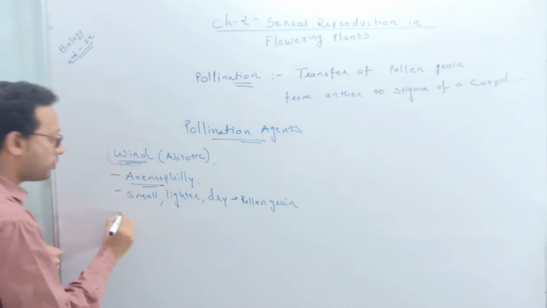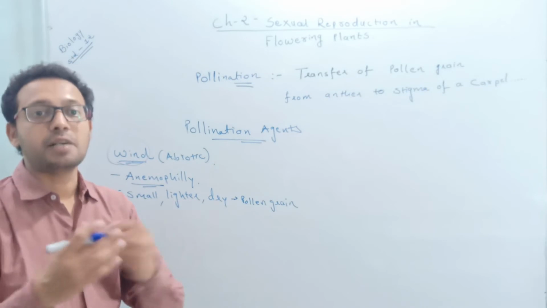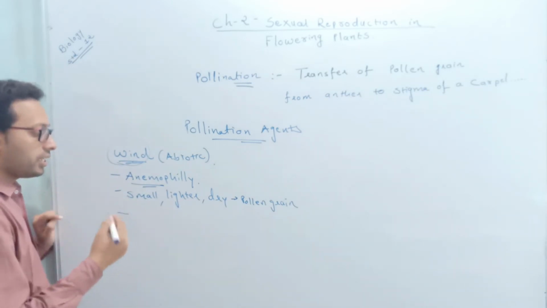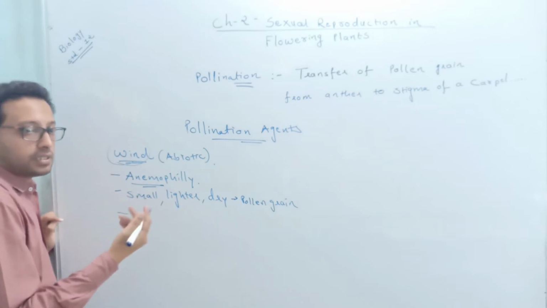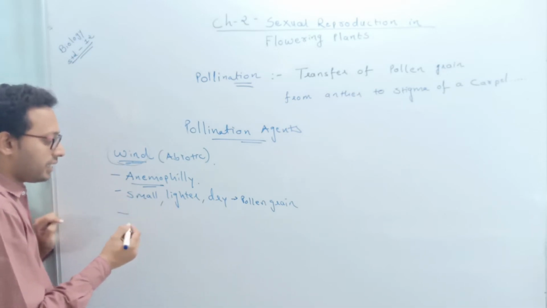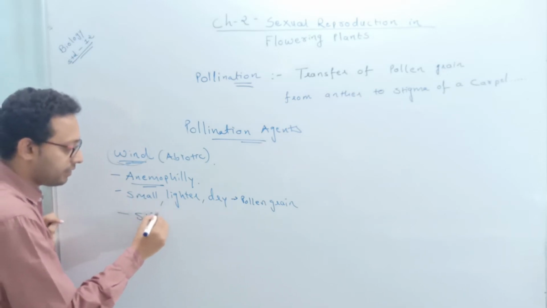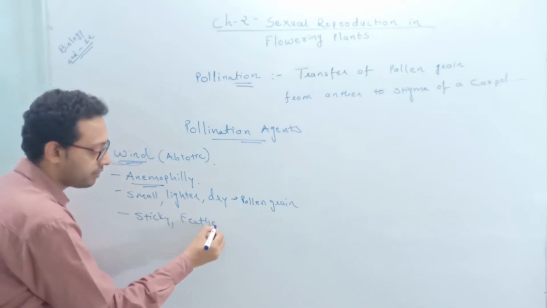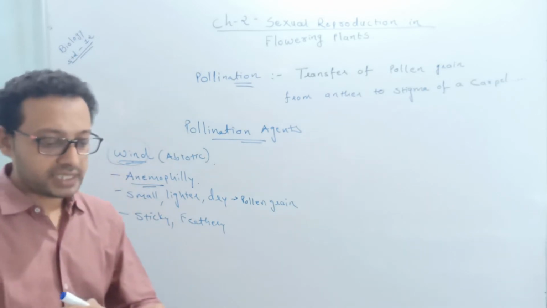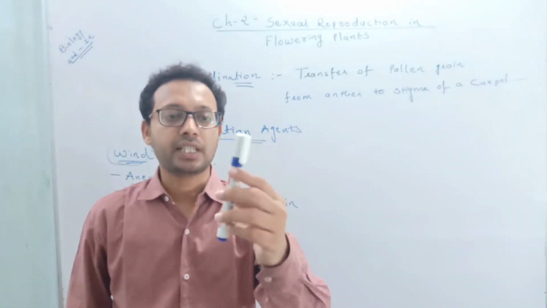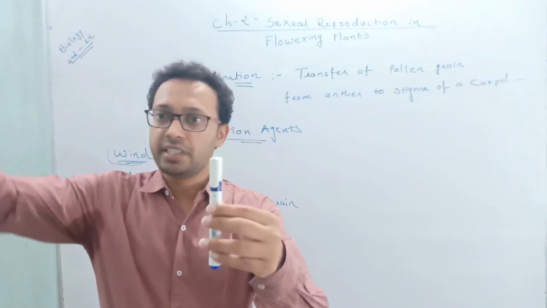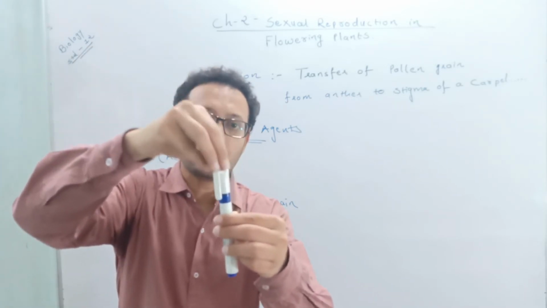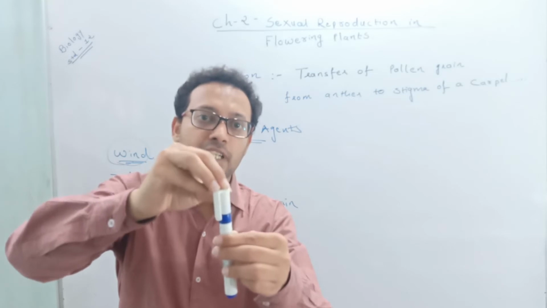Now what should be the characteristic of the carpel of such a plant? The carpel, or stigma or style, should be sticky, or it may be feathery. Why sticky? Assume that this is a carpel and it is sticky. Pollen grain should be non-sticky. When the pollen grain reaches the stigma, it should not go away.